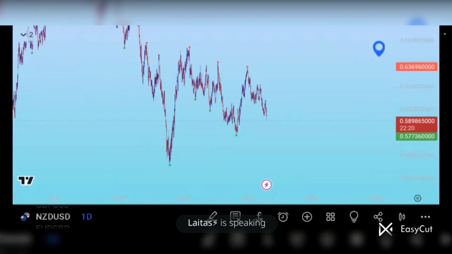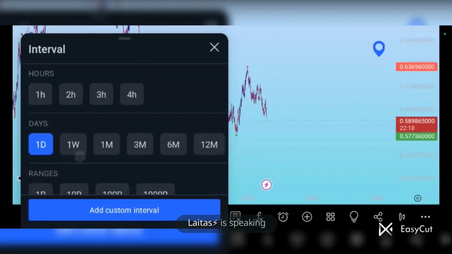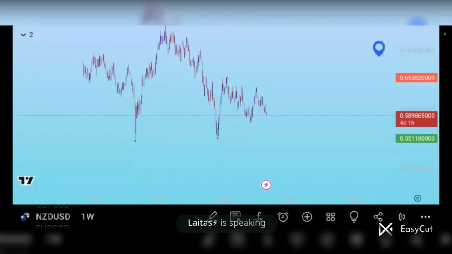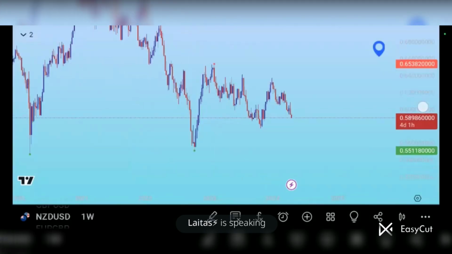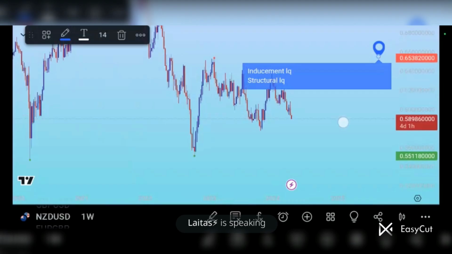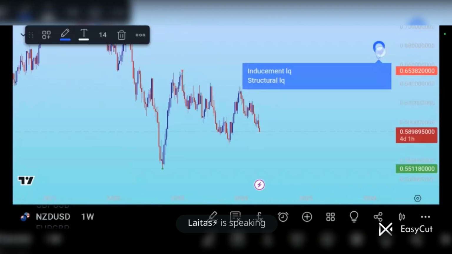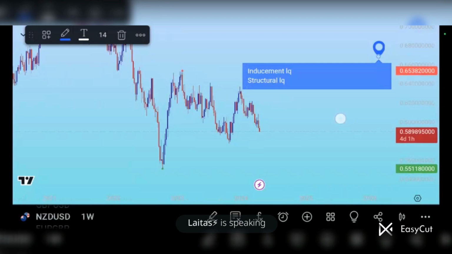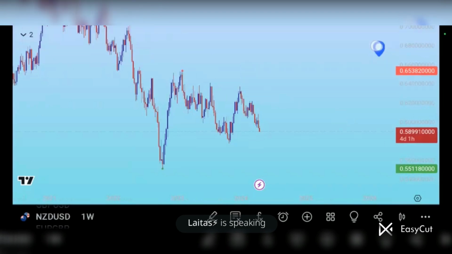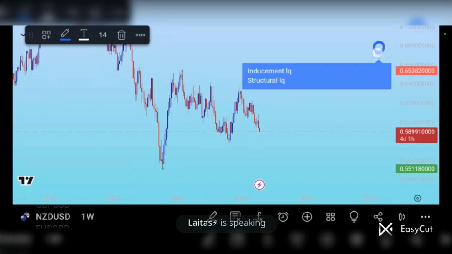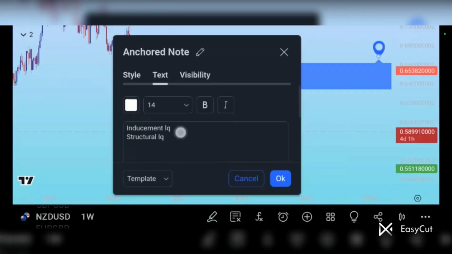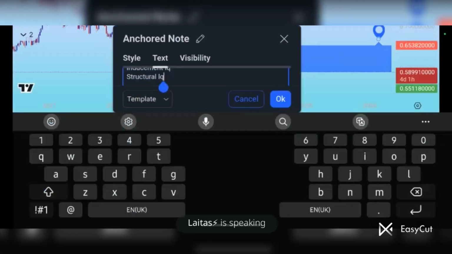You can look for this liquidity on any time frame. Let me start with weekly. So before you look for your inducement or structural liquidity, let me define it. What is inducement liquidity?